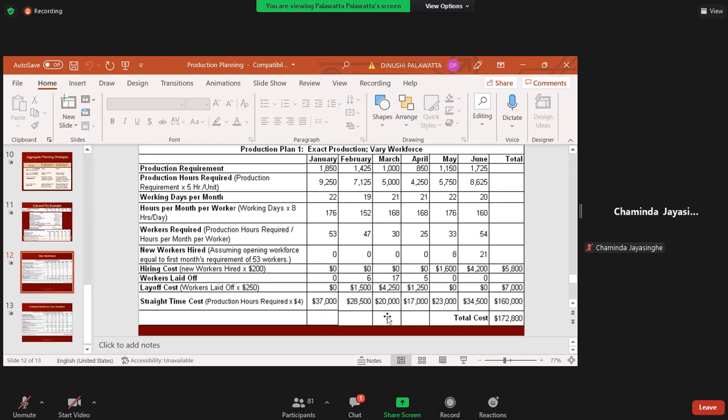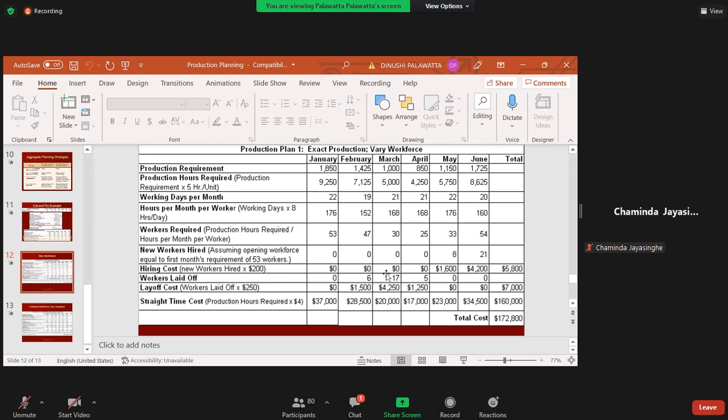And for March, the production requirement is 1,000. 1,000 times 5 is 5,000. You have 168 hours available. 21 multiplied by 8, that's 168. And then you need 30 workers. 5,000 divided by 168 is approximately 30. You don't have to hire because in March you begin with 47 workers.